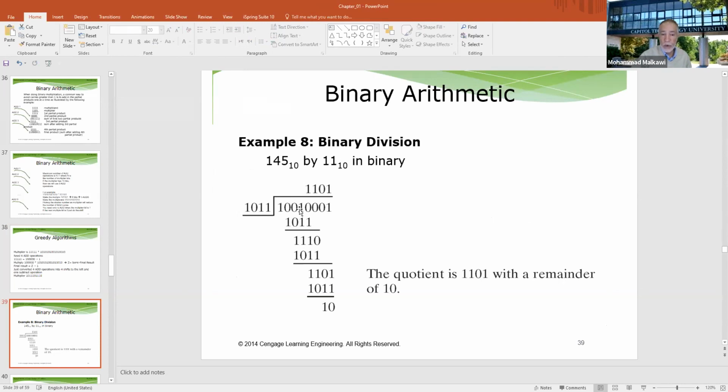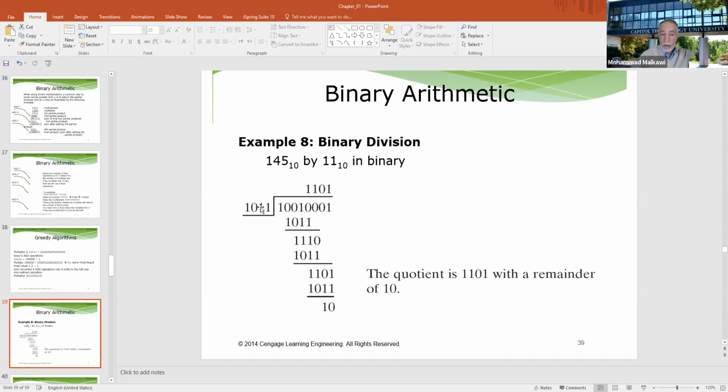So I take the first 4 bits, 1001, and compare with the divisor. This is less than this number, so I go to 1 more bit. I take 10010, which is larger than this, so the quotient is going to be 1.